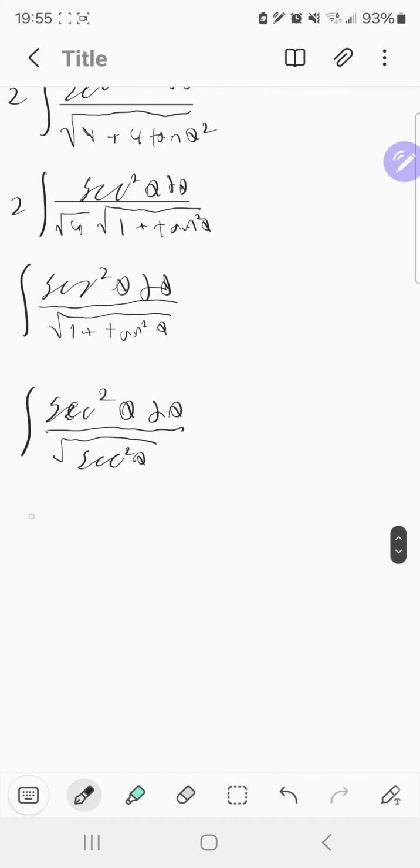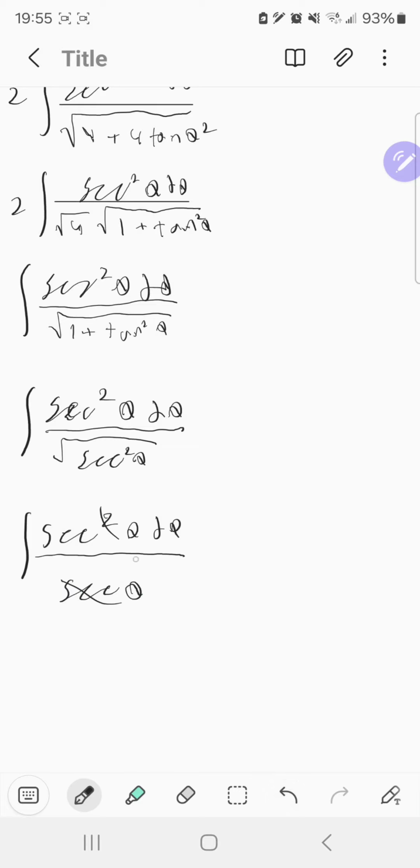This turns into secant squared theta d theta over secant theta, or just secant theta. We have the integral of secant theta d theta.